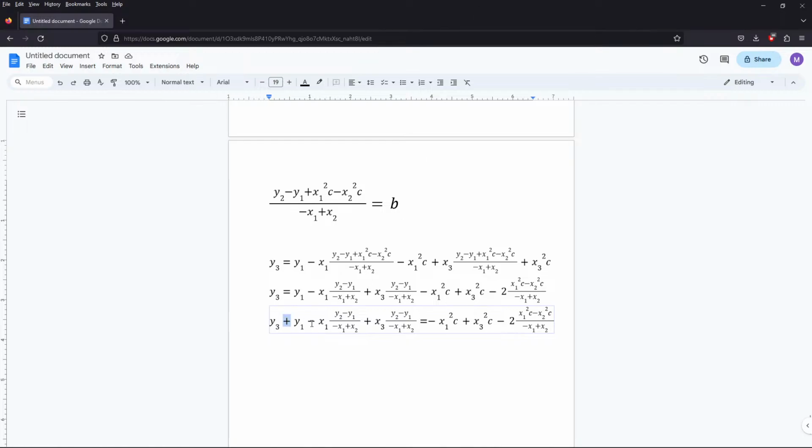And negative, negative, positive, negative. Great! Now we're bringing C out of all of those, which means this is just a C. There we go! That's what it is.